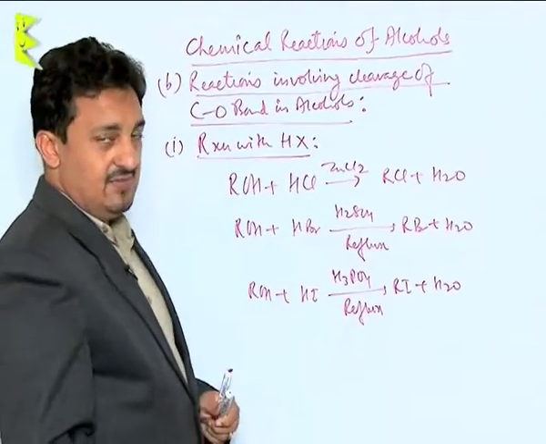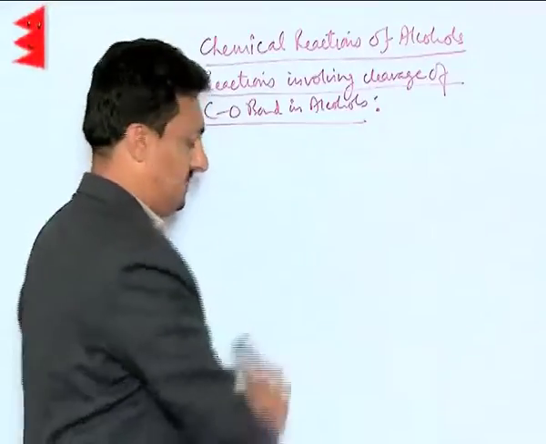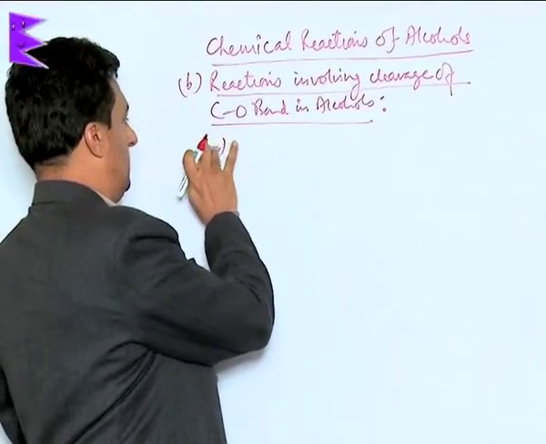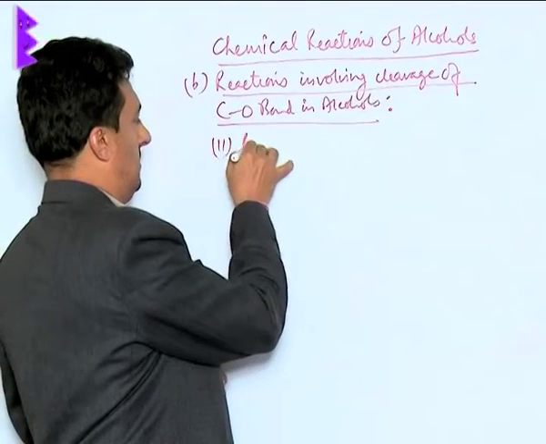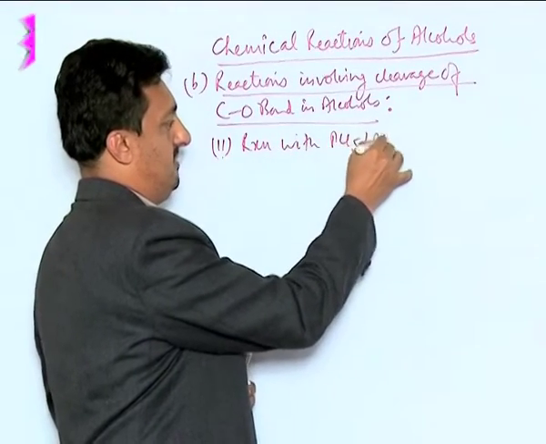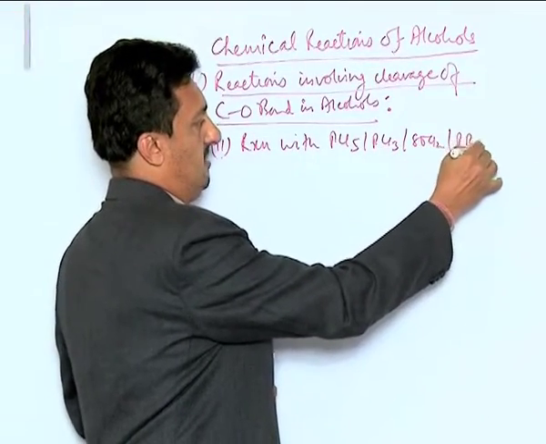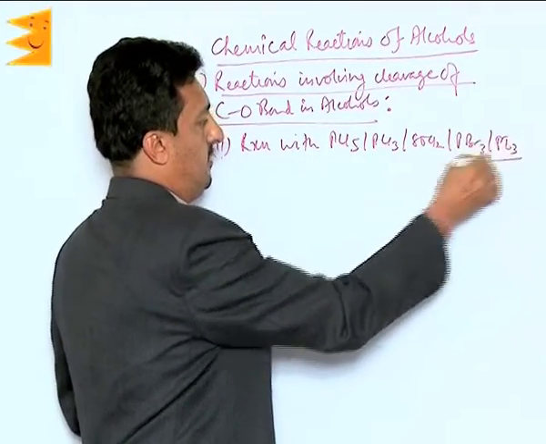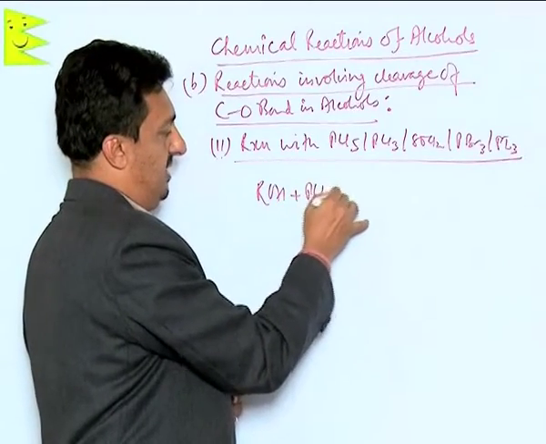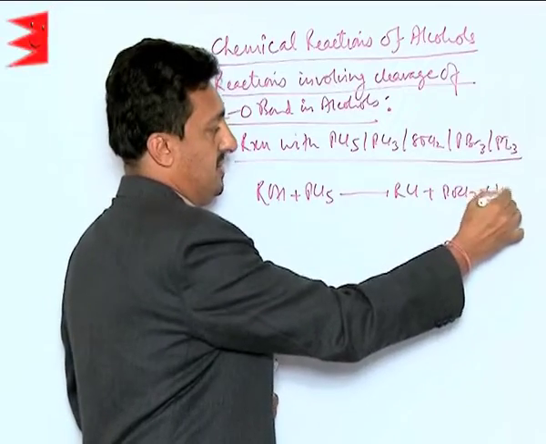The second category of the reactions which involve the cleavage of the C-O bond are the reactions with PCl5, PCl3, SOCl2, PBr3, PI3. We know alcohols with PCl5 definitely give us alkyl chlorides plus POCl3 plus HCl.